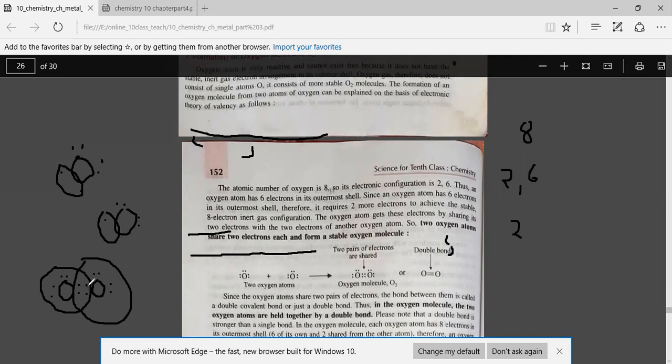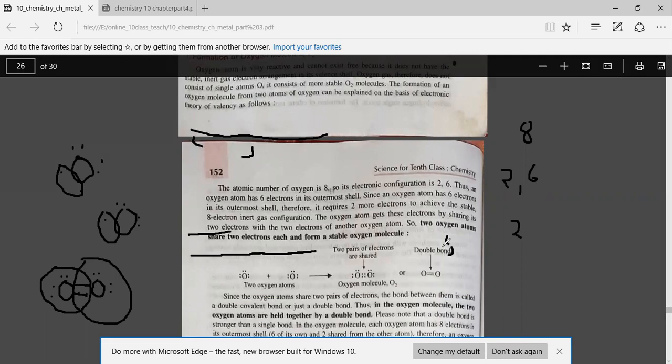This pairing of these two will give a single bond, and this sharing of these two electrons will give another single bond. So we have the double bond. In the oxygen molecule, we have a double bond because each is sharing its pair of electrons. So actually, two pairs of electrons are shared between the oxygen atoms.